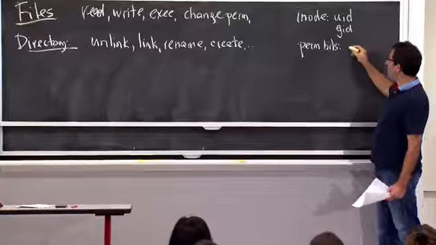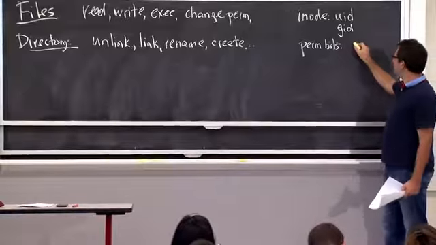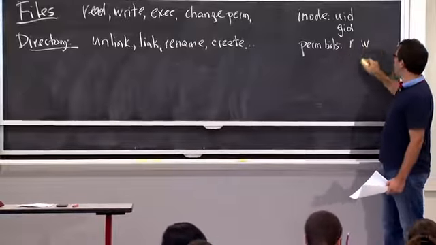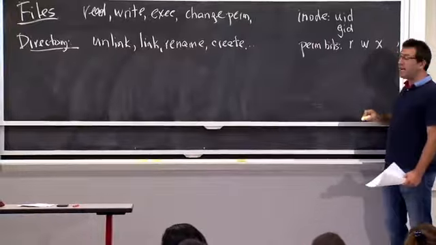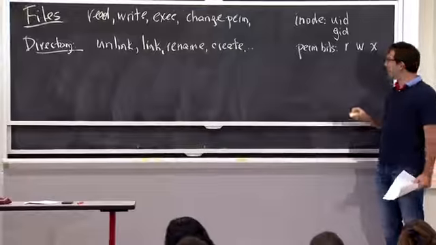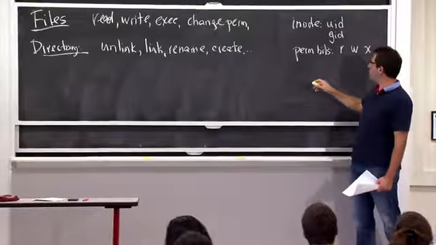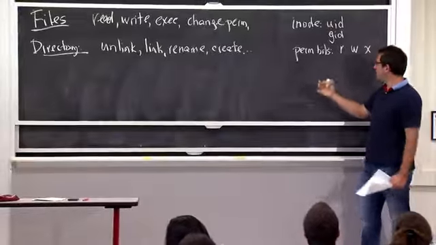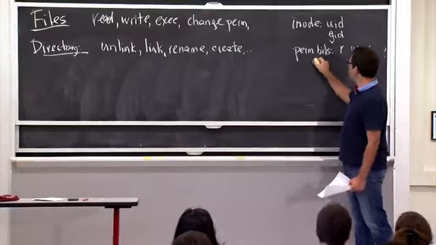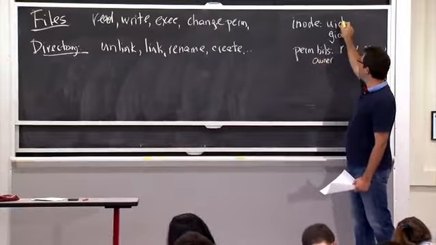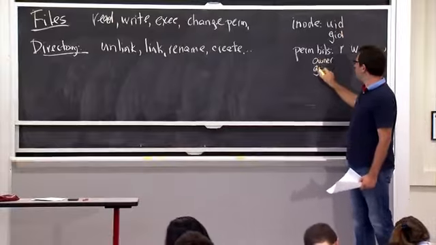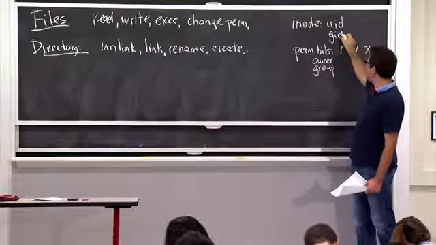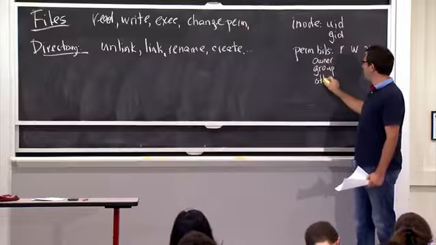So in Unix, there's basically a basic design. There's read, write, and X for execute permissions. And we can specify these permissions for different entities. In Unix, you specify it for the owner, meaning for the UID of the inode, for the group that owns the file, this GID, and everyone else, other.